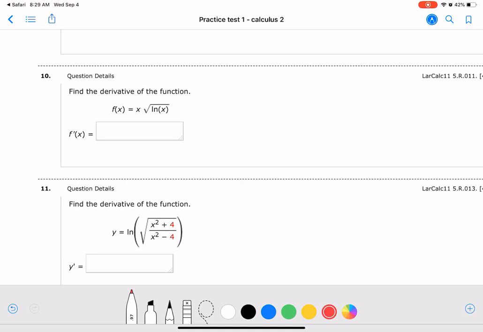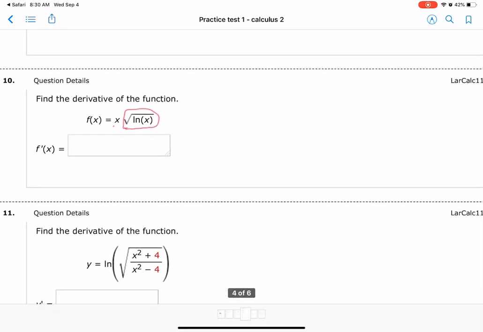For example, they always tend to use the chain rule. But this is a product. I don't care about the square root of ln of x at the beginning, because I just care about the product of x and that function. So we need to use the product rule first, and then we'll see what happens.